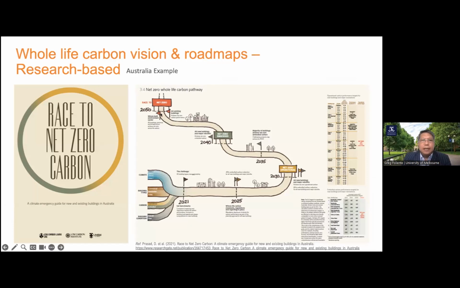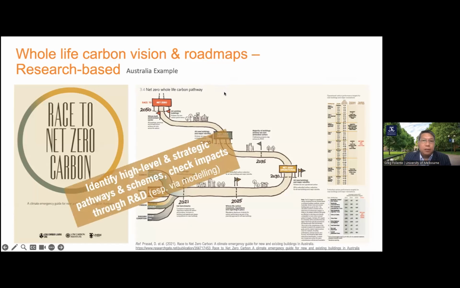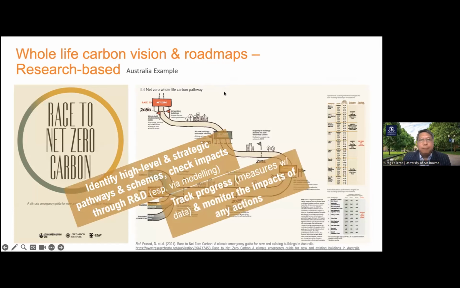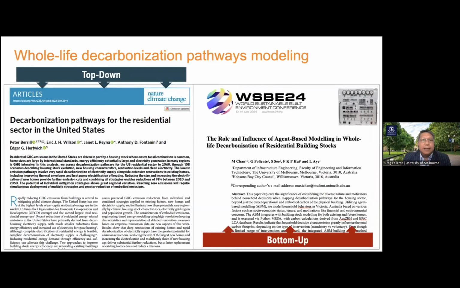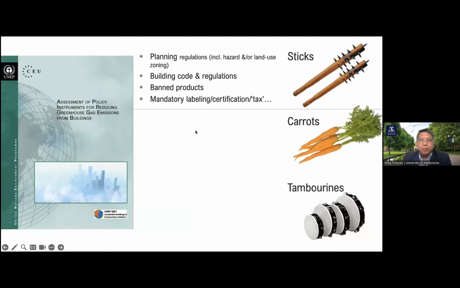And then, of course, we need to assess this in terms of the specific actions and directions and progress within Australia. There are models that we can use, top-down models that they try to do in the United States. And one of my PhD students is doing a bottom-up model for whole life decarbonization of residential building stock that takes into account household decision behavior, for example.